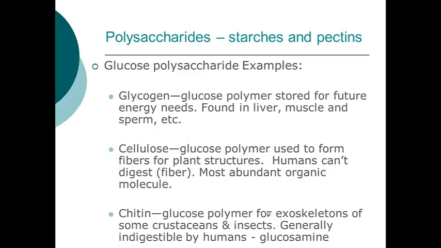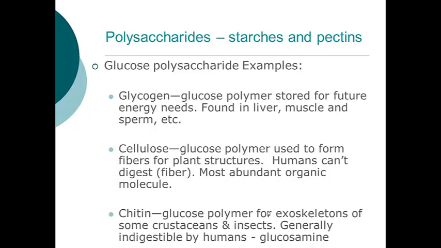It serves in our diet as fiber, but it is the most abundant organic molecule. So all these plants that you see, each one of their cells is surrounded by a cell wall made of cellulose, and sometimes another polysaccharide relative, lignin, responsible to give extra special strength to cell walls.